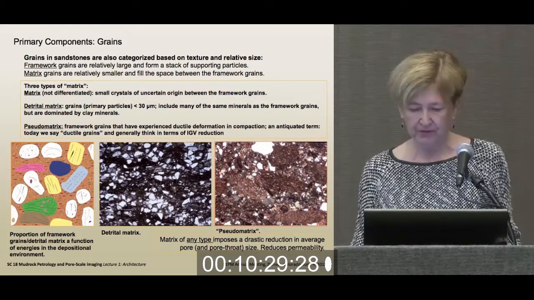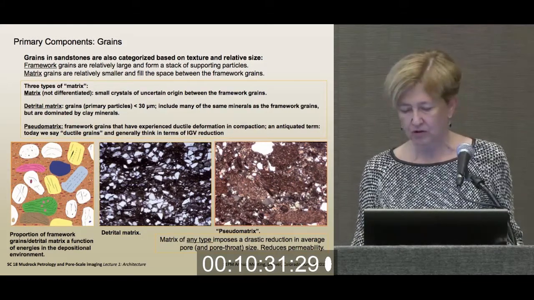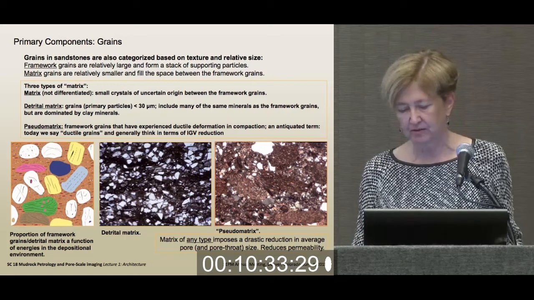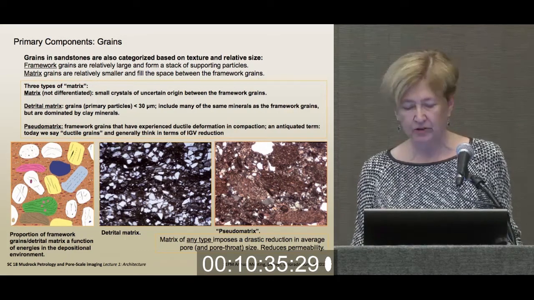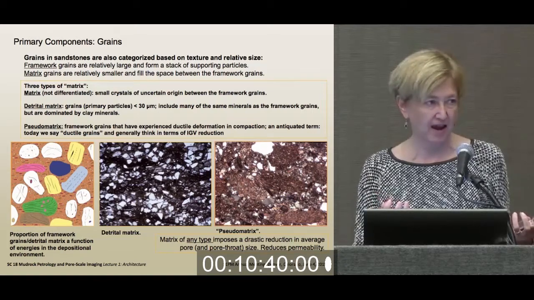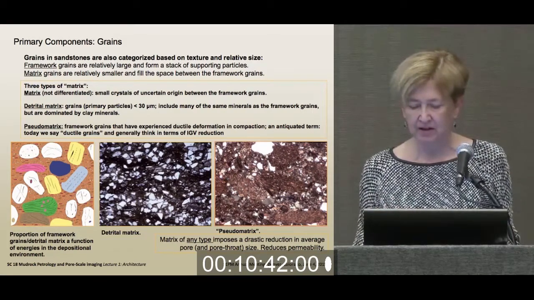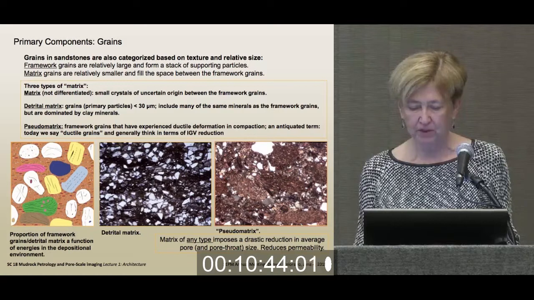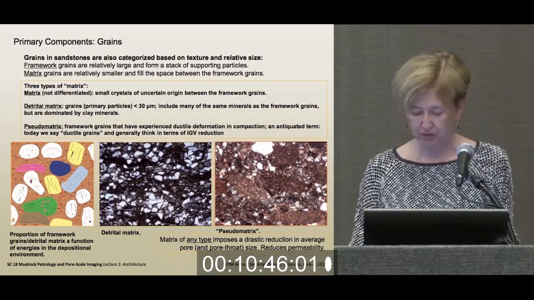So for example, you can see here, these are quartz grains, and we have this little mudstone clast, and you can see that in compaction it's behaved in a really squishy way, and it's been ductilely deformed to fill the spaces between the quartz grains.